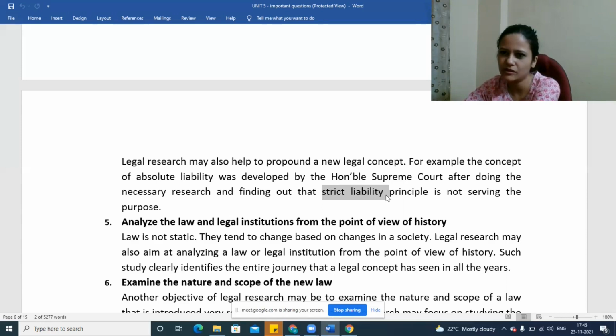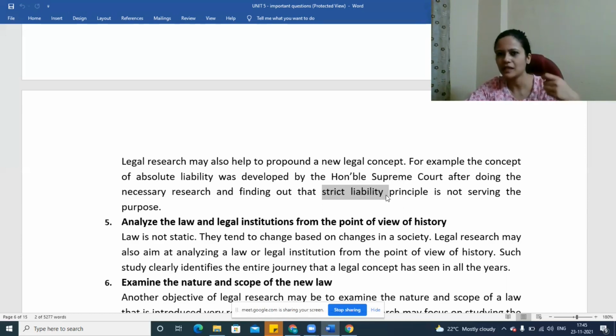Not only that. It might be that I am keeping something in my premises for my own benefit, for my own use, and it escapes from my premises and causes loss to you. The case where this concept was developed was Rylands versus Fletcher. One person had a mill.